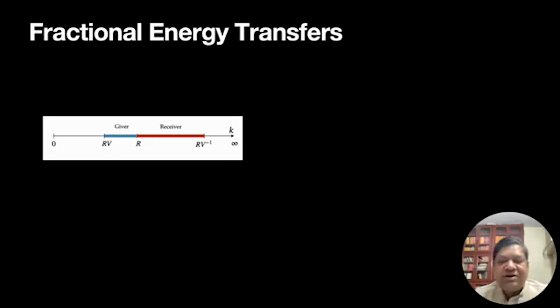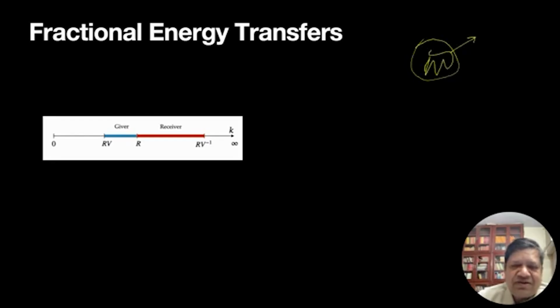Now there's one more interesting thing, which is fractional energy transfer. So the energy flux is energy going from all the modes inside the sphere to outside. But we can say that we don't think of all the modes, but think of a part of the sphere. So we think of not the full sphere, but from here to here, this part.